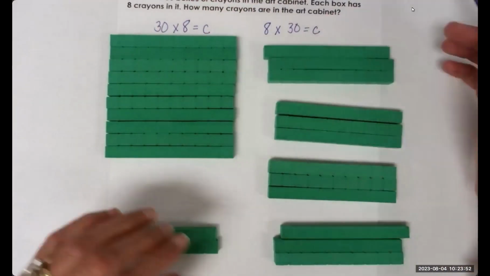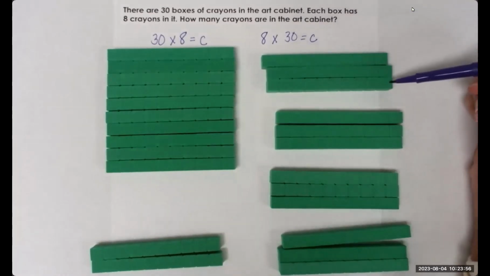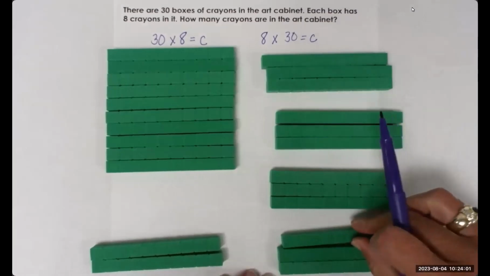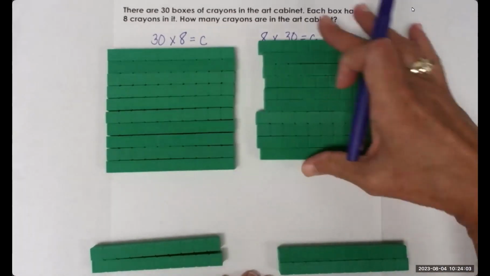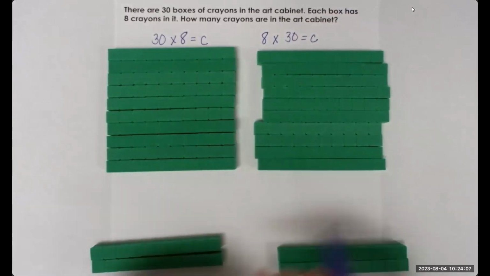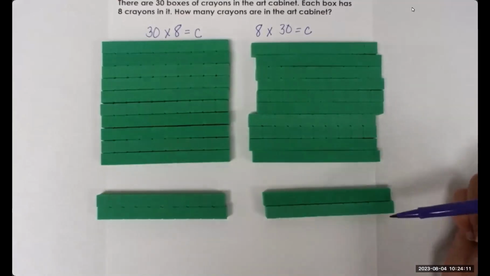I'm going to go ahead and just start on this side just for efficiency purposes. 10, 20, 30, 40, 50, 60, 70, 80, 90, 100. Wow, there's 10 more tens, and I know I can group that together because that makes a group of 100. And that leaves me with 4 groups of 10 down here.